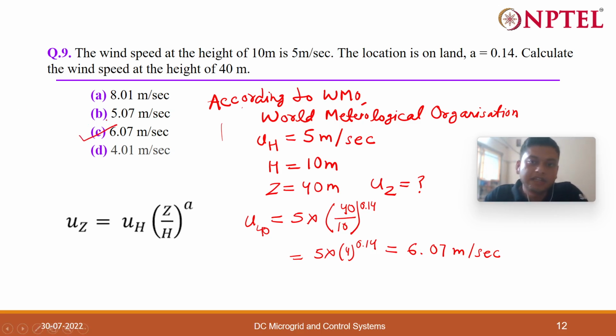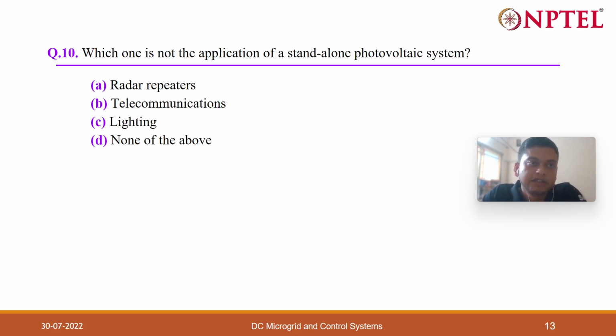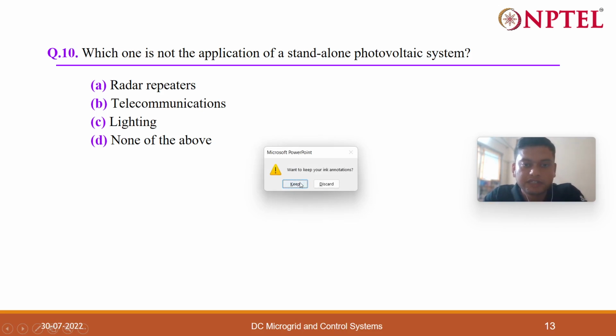Now we will see the last question of this tutorial session. Which one is not the application of a standalone photovoltaic system? First option is radar repeaters, B option is telecommunications, C option is lighting, and D option is none of these. So what will be the correct answer?